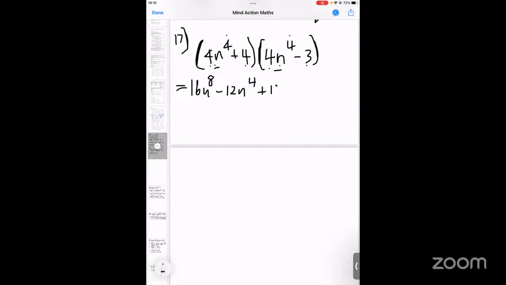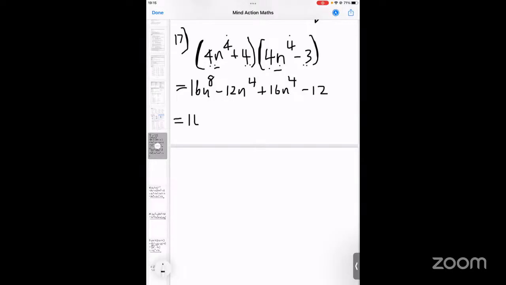Obviously positive 16n to the 4, yes. And then this by that, it will be negative 12. I think I've done it quickly. That by that, it's 16n to the 8, that by that, negative 12n to the 4, that by that, positive 16n to the 4, yes, done it correctly.